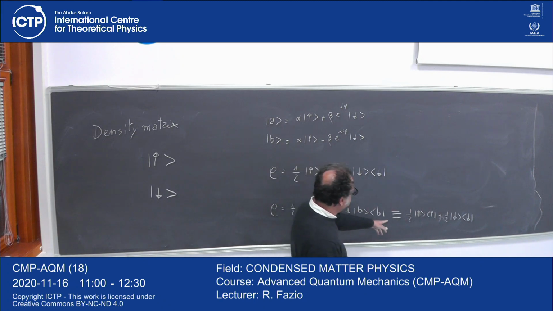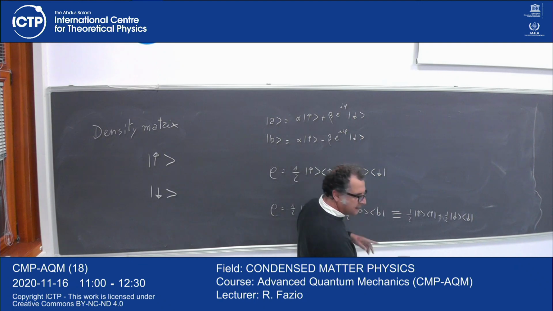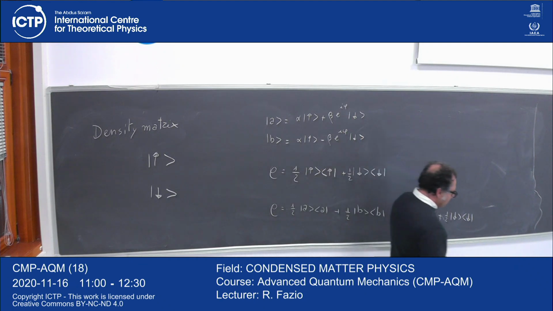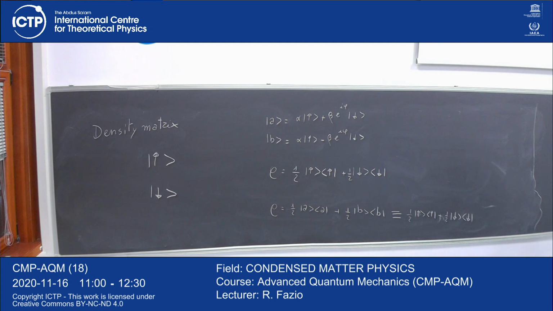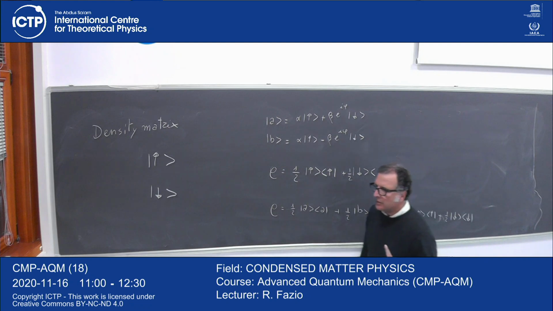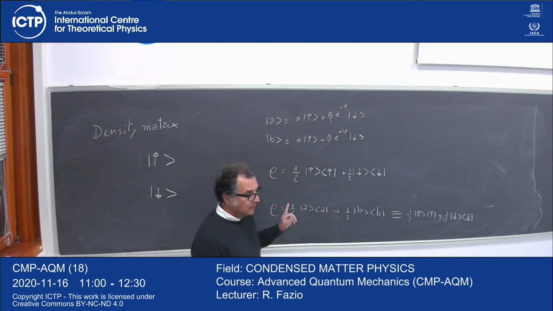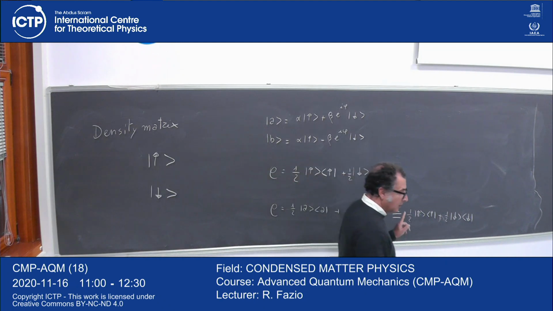So you have to do it. You just take those two states, you write this down, you do the calculation, and you will find that this is the case. So what are we learning? We are learning something which is very, very important.